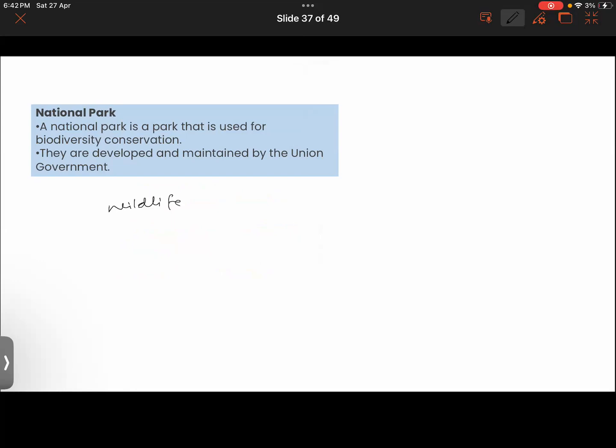So quickly think of some points. What could be the difference between a wildlife sanctuary and a national park? A national park is a man-made habitat, very good, and a wildlife sanctuary is a natural habitat, correct.